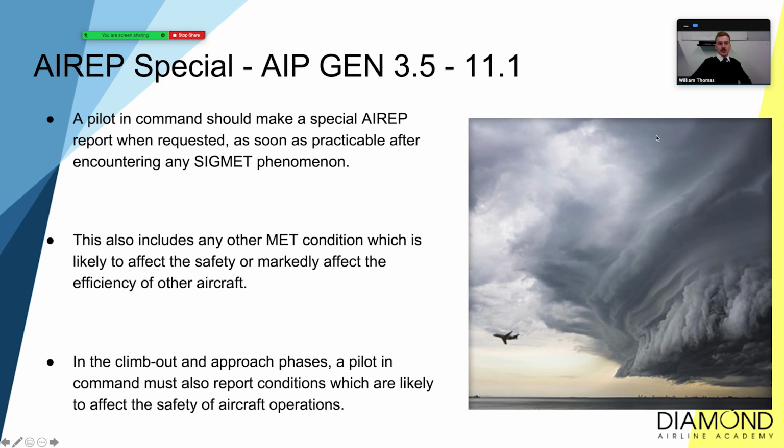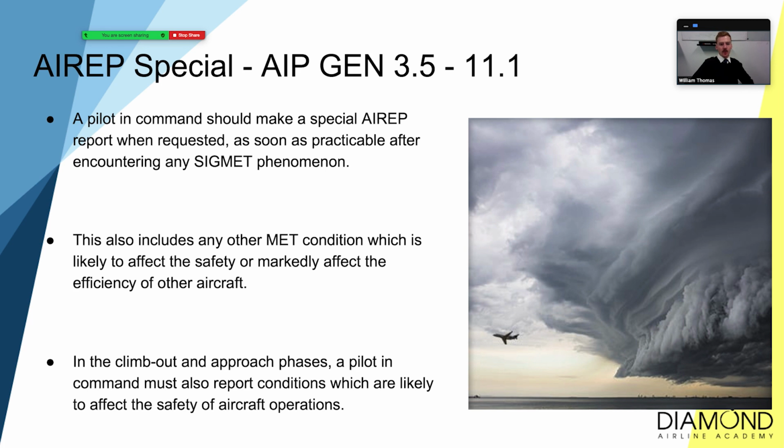All right, special air reps. Pilot in command should make a special air rep report when requested, as soon as practical after encountering any SIGMET phenomenon. This also includes any other meteorological condition which is likely to affect the safety or markedly affect the efficiency of other aircraft.